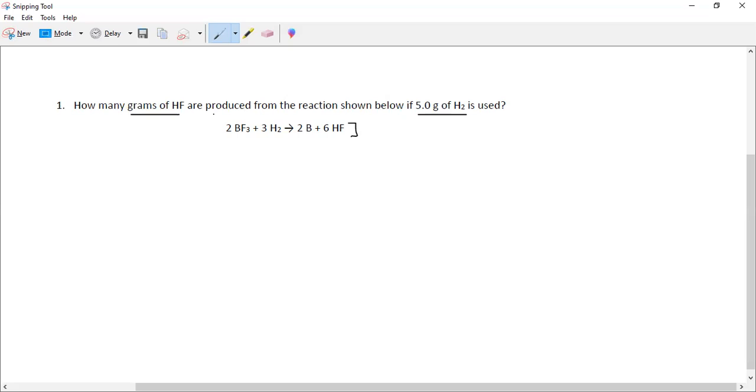Now, the thing about these questions is to recognize the order in which they're said. Usually the order is, okay, if you have 5 grams of hydrogen, how many grams of hydrogen fluoride, right? Usually in conversation, you always start with what you're given. When describing one of these problems, you say, okay, well, if you had 10 cups, how much Coke could you pour, right?